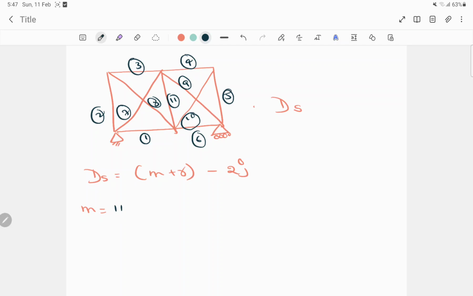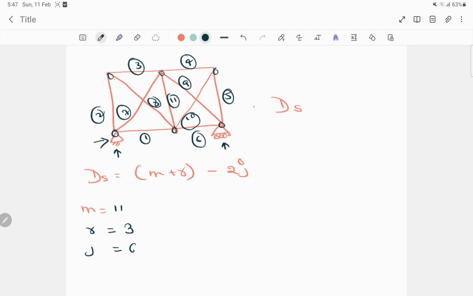So we have 11 members and r value is, this is a hinge support, so there will be 2 unknown reactions, and for the roller there will be only 1 unknown reaction. So total number of reactions is 3. Now j is the number of joints here, 1 2 3 4 5 and 6.